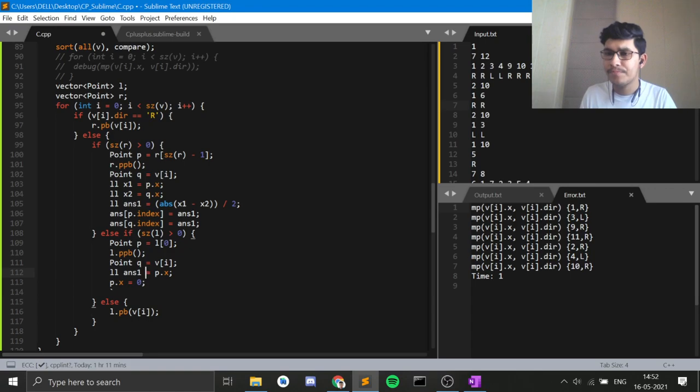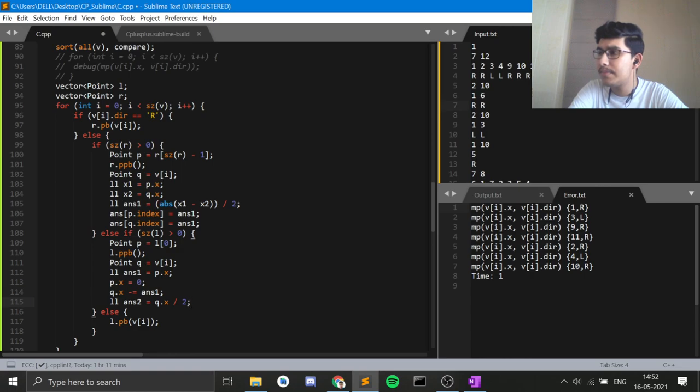Right. Q dot X minus equals to answer 1 because it is moving towards the left. And then answer 2 equals to Q dot X divided by 2.